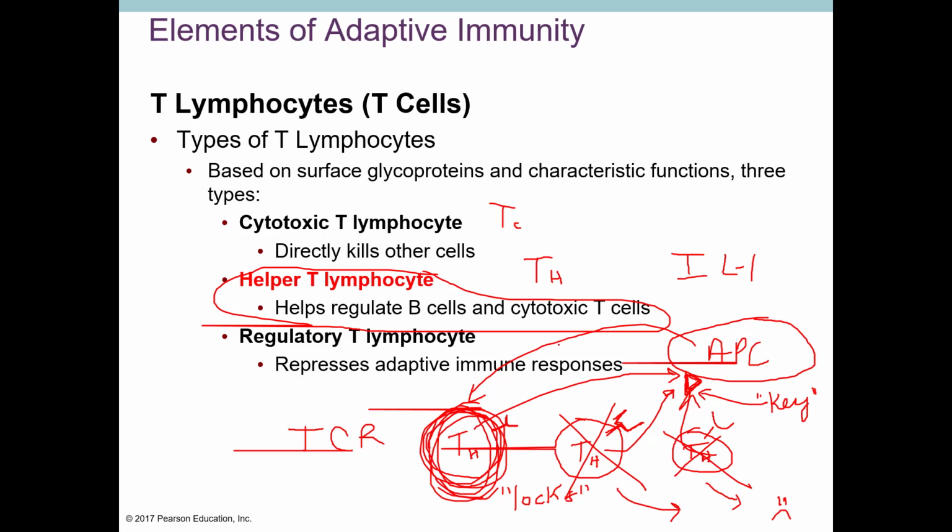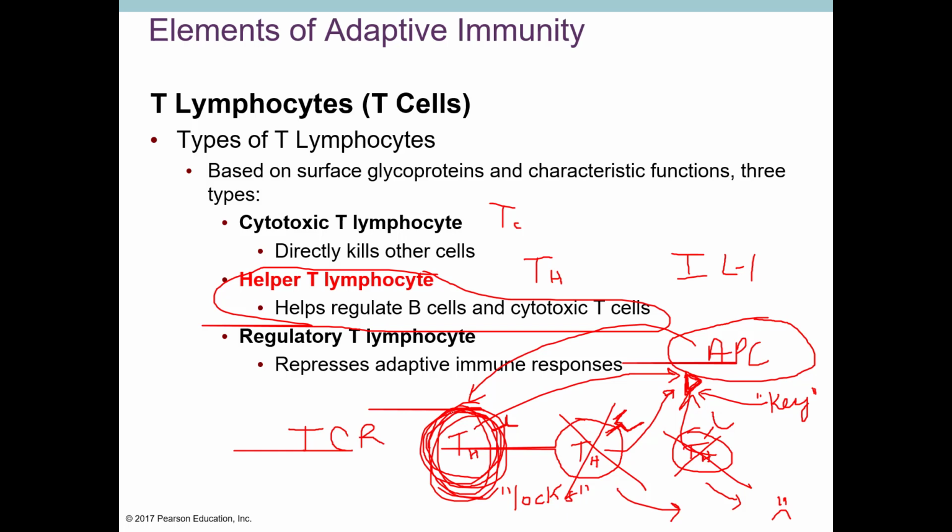And that is released by the APC and stimulates that T helper cell to proliferate. So then you have thousands of T helper cells that have the correct T cell receptor that matches up with the antigen that was presented. So that's really the step here that involves the T cells. The APC interacts with the T helper cell.